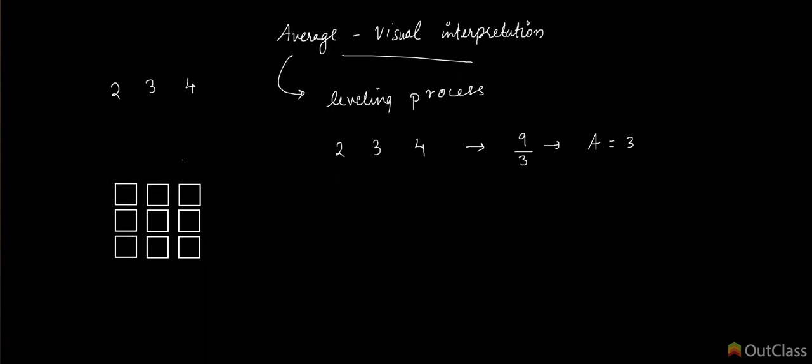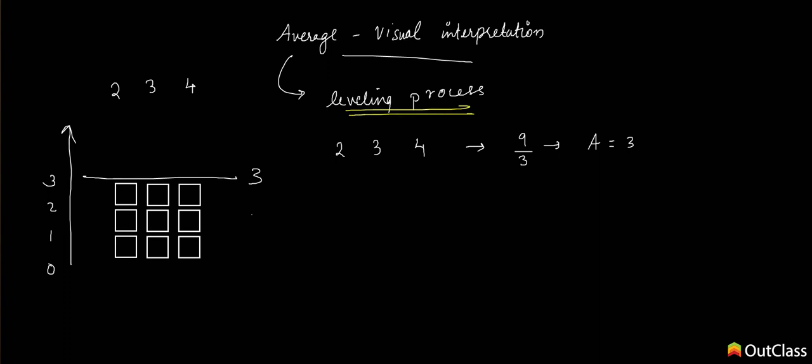Now each stack has a height of 3, in this axis 0, 1, 2, 3. 3 is the average. It is just leveling of the three sets of blocks that I had. That is the fundamental thing you have to understand about average before we go further into the section.